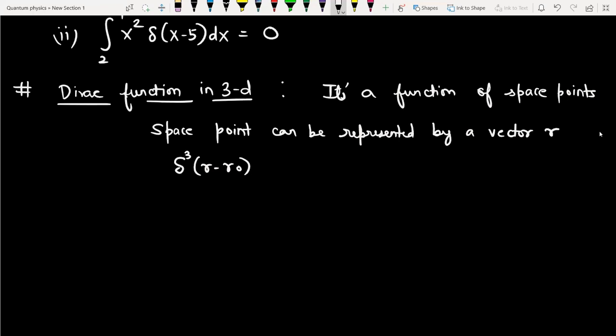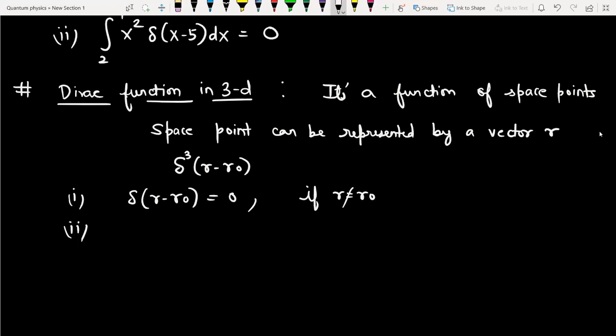Okay. And its definition is again the same thing I explained earlier, similarly as in the one-dimension case, del of r minus r naught. Now keep in mind that this r is not only in one dimension; it is a vector in three dimensions, because obviously we are talking about the Dirac function in 3D, so you don't have just one point. Okay, you have a coordinate xyz, and that coordinate xyz can be represented by a vector. So this del of r minus r naught is equal to 0 if r is not equal to r naught.